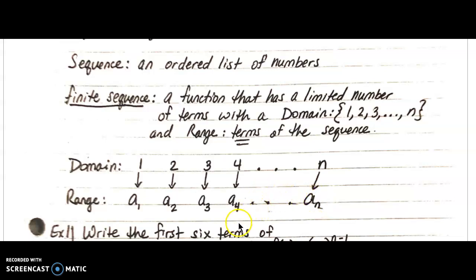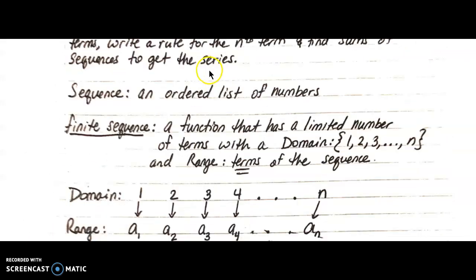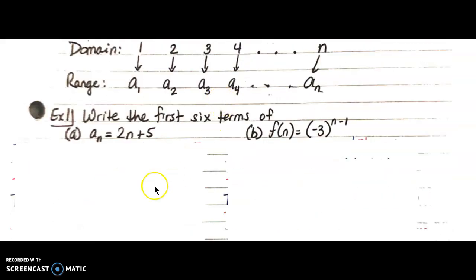Now, we can be given a rule, aka function, aka formula, for our sequence and be asked to find the first however many terms of the sequence. For example, we have 2 versions of the rule. One is A sub n equals 2 times n plus 5. Notice we have n twice here: one to notate the actual symbol for the term, and one to plug into this equation to get the value of the term.